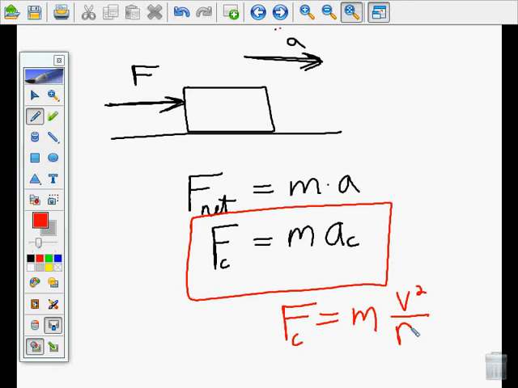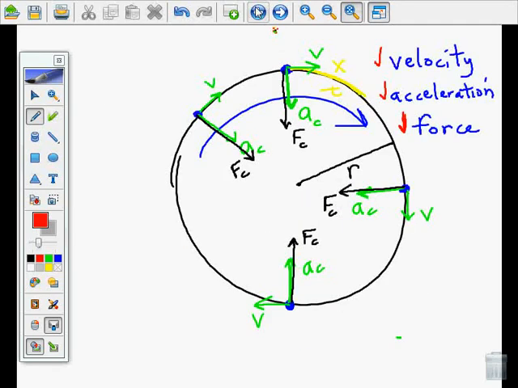Now, last but not least, I just got done teaching you that anytime an object's going in a circular path, it's experiencing a force towards the center. But what about when you're the object? Let's say this room is a big gravitron ride, like one of those amusement park rides that goes in a big circle and you're spinning.